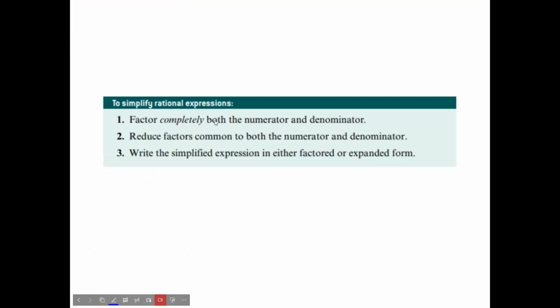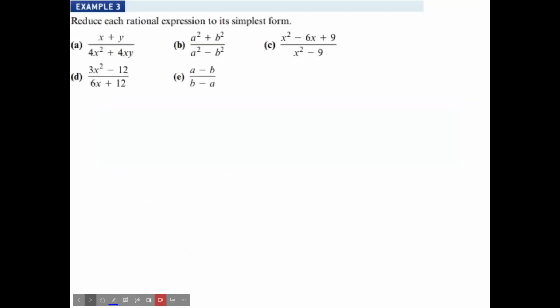So to simplify rational expressions, we factor completely both numerator and denominator, reduce factors common to both the numerator and denominator, and write the simplified expression in either factored or expanded form. Basically what we did. That's just the algorithm, right?